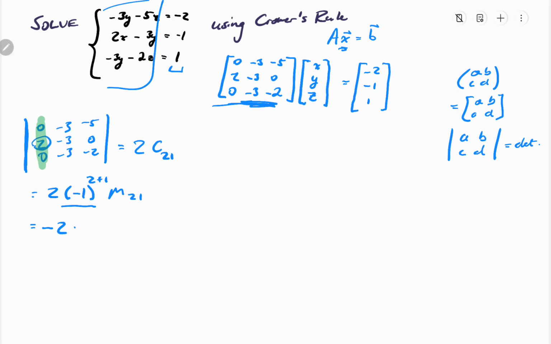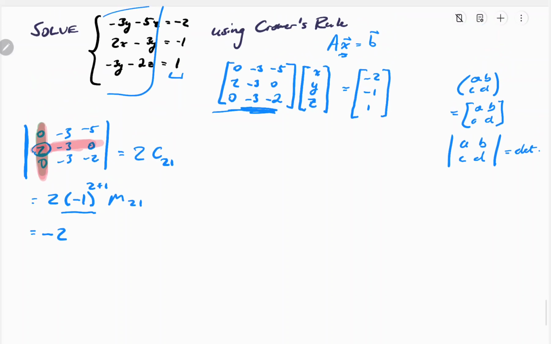So we have -2 times the minor of what's left. So we are going to cross out everything in the row that 2 is in, and everything in the column. We're going to cross everything in the row that the 2 is in. And then we're going to take the determinant of the rest of it.